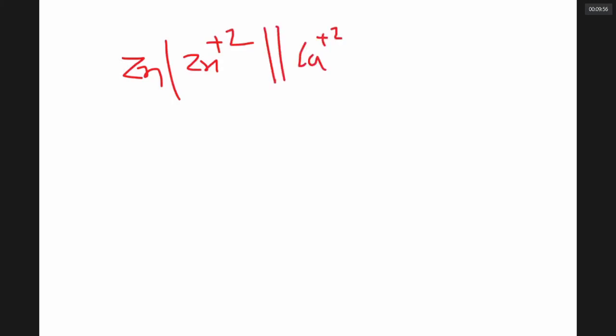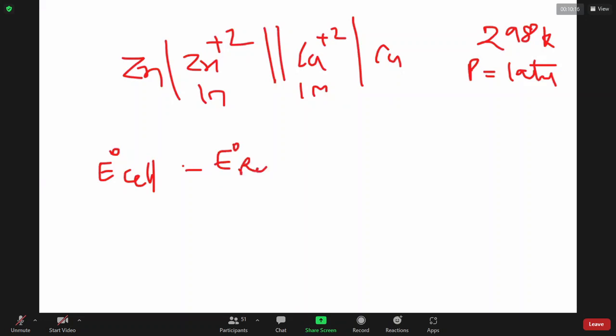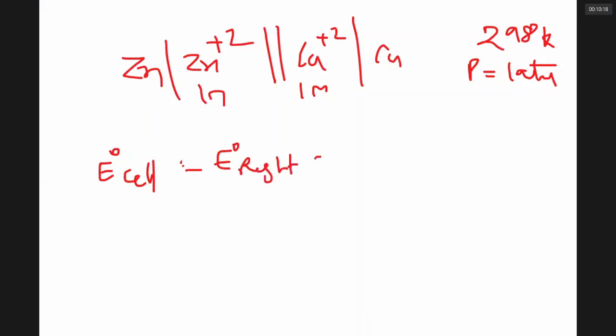This is a cell. If I keep temperature 298 K, if I put pressure 1 atmosphere, if I take concentration as 1 molar, then E cell under standard condition is equal to E0 right minus E0 left.